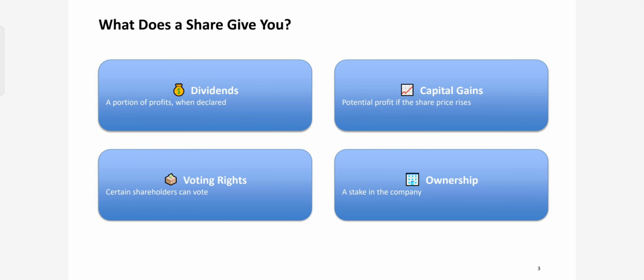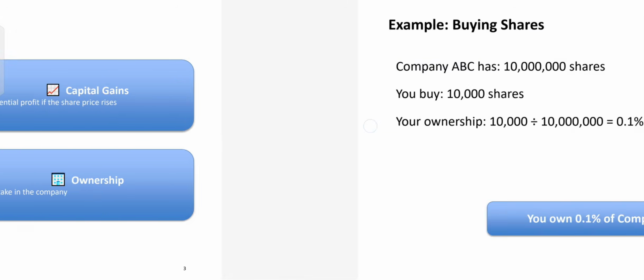You can get voting rights. Shareholders who hold significant shares in the company are usually given voting rights on essential things in the company. Then you get ownership. By holding a stake in a company, you technically own that company, and you are eligible to attend their AGM and give your contribution regarding the way forward of the company.